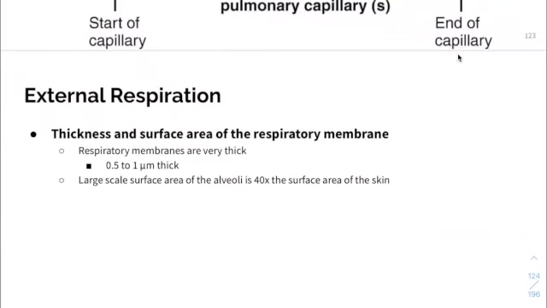So let's look at the external respiration. That is where oxygen is getting exchanged with tissues.